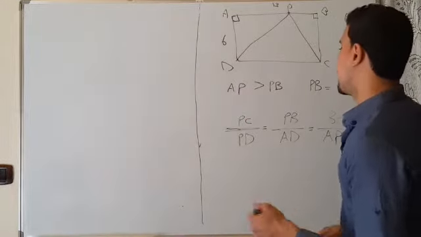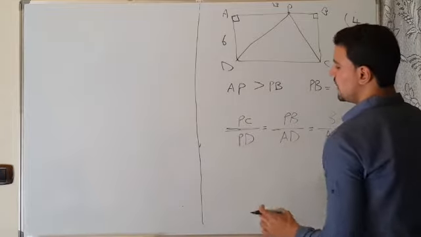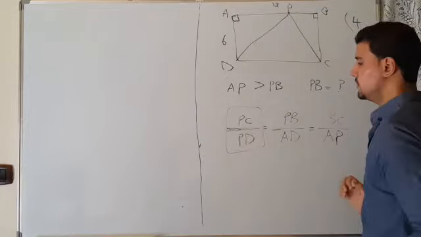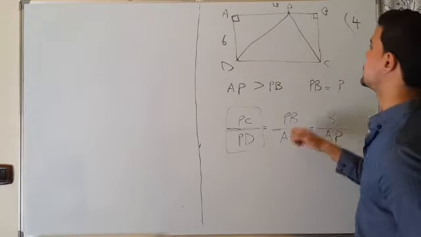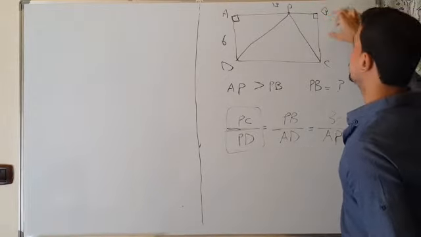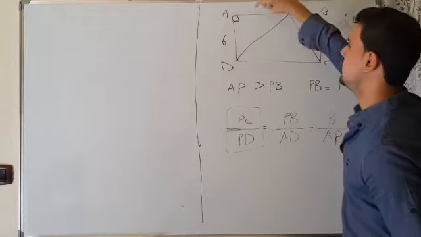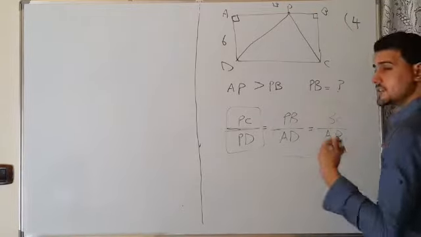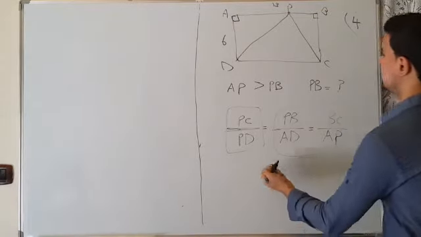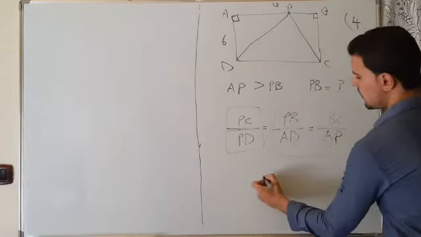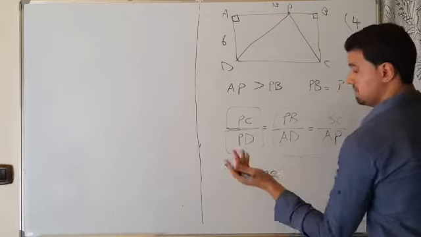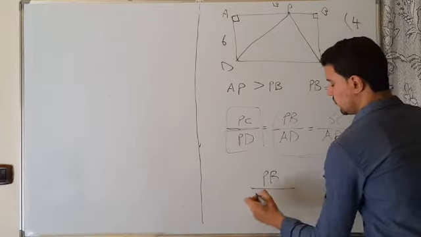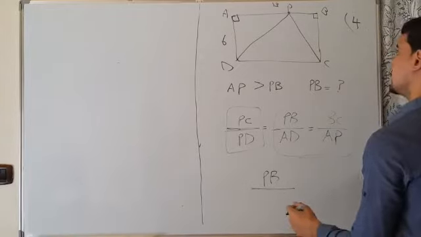Okay, now which one did we say that we won't need? Yes, the first one, we do not need this, as we are all working on the sides BP, AB, and BC, AD. So for this, let's substitute with the values that we already know. PB is PB, the variable we need to evaluate in the first place.